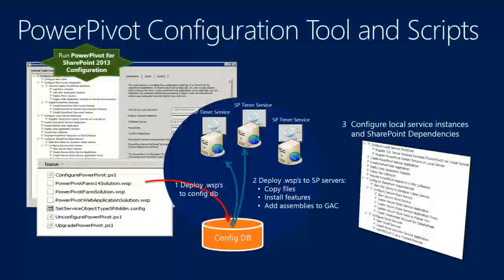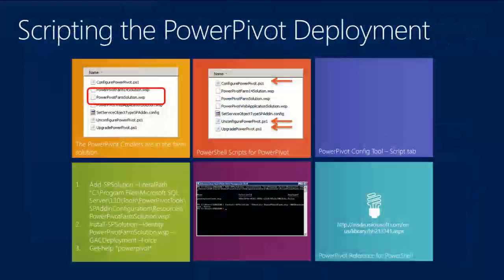So before we continue with that, to show you the solution files, how they are deployed, here's a little overview how you can script things. When you look at the scripts that we have in our config tool, we load some PowerShell add-in that makes it easier for us to have certain commands a little more concise.